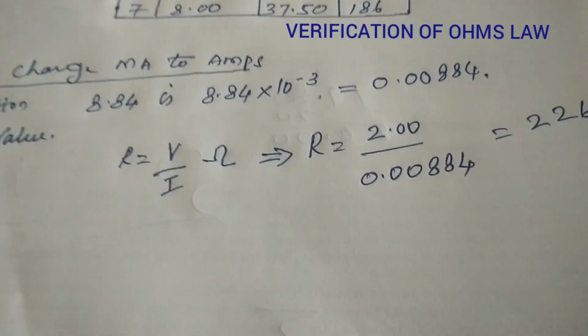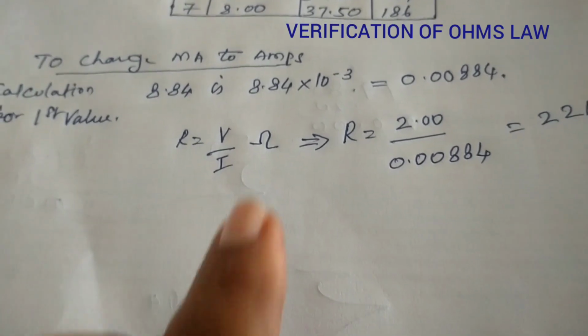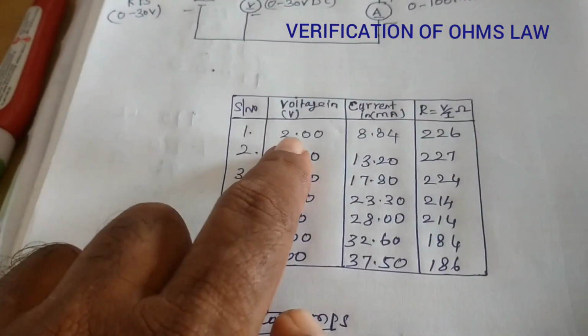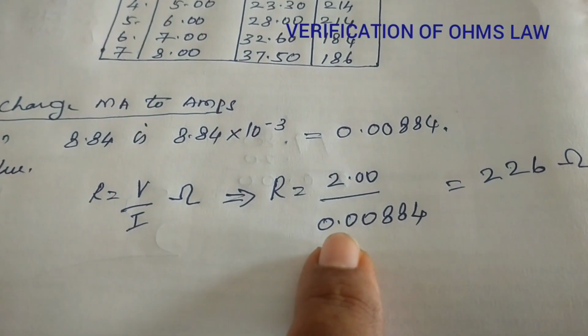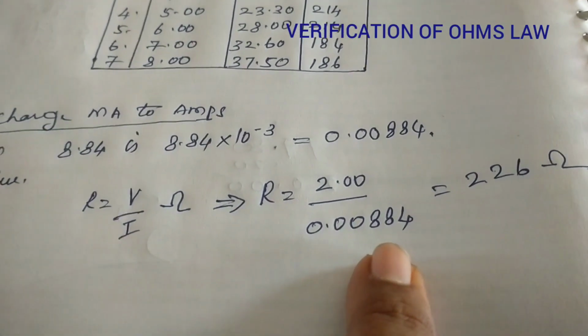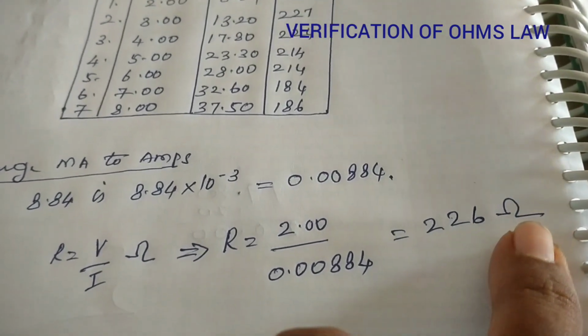So R equal to V by I ohms, we know the formula. So R equal to 2 volt divided by 0.00884. So the value is 226 ohms.